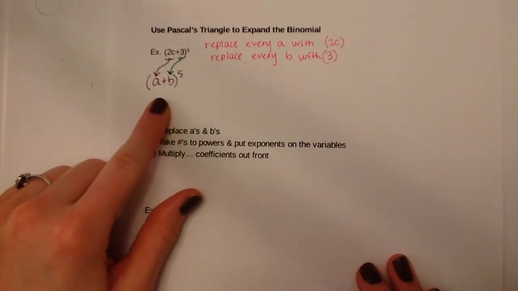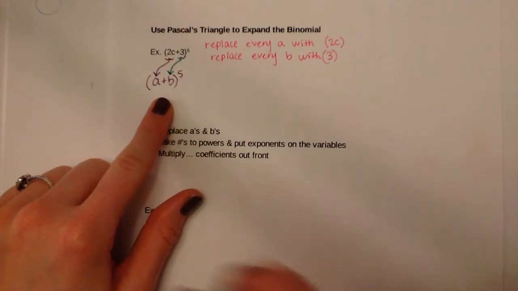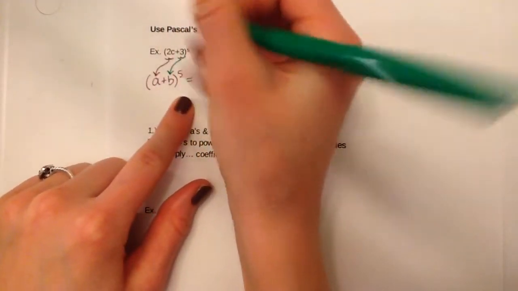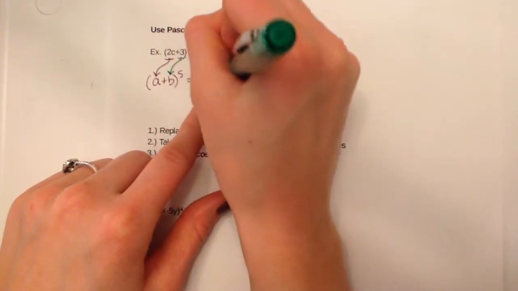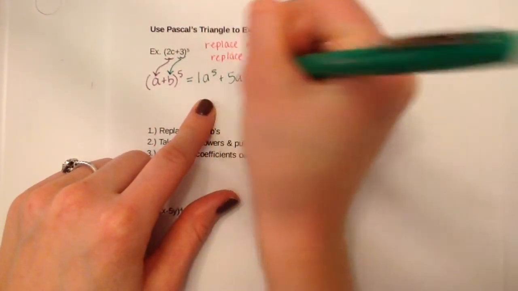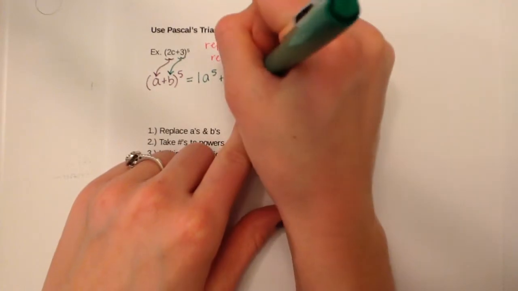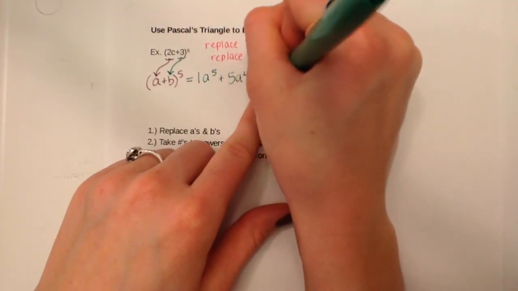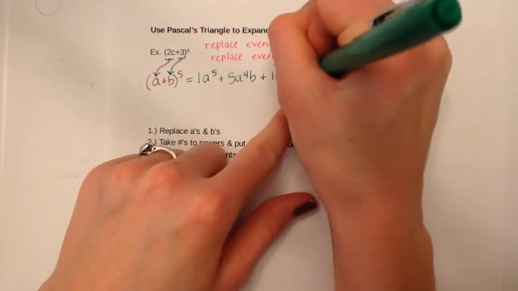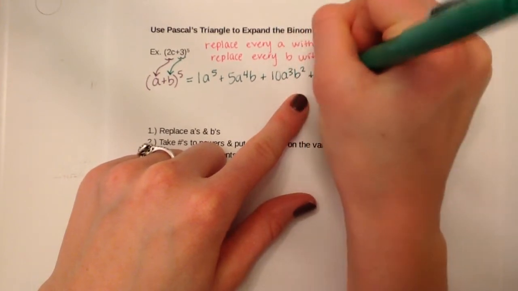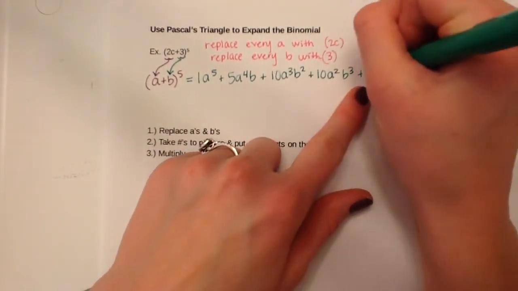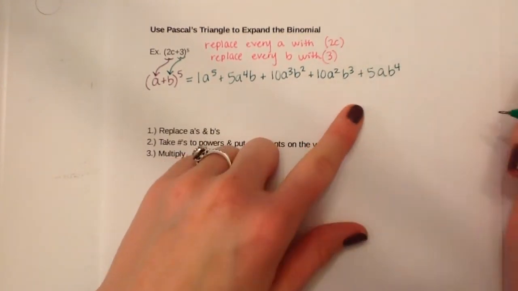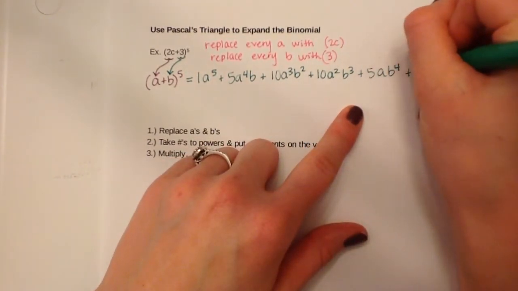So if we look at (a + b) to the 5th, if you look at your triangle, we have 1a to the 5th plus 5a to the 4th b plus 10a cubed b squared plus 10a squared b cubed plus 5a b to the 4th plus 1 b to the 5th.